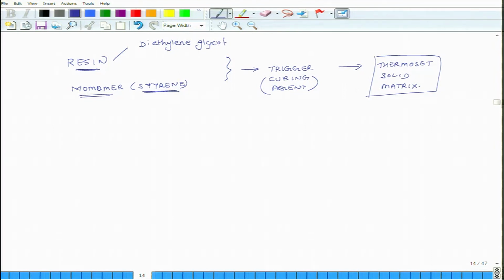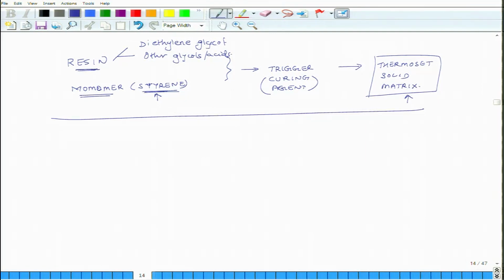It all depends on what constituents you are using. This is the raw material, but you can use other alternatives, could be other glycols or acids. Similarly, instead of styrene as the monomer, you can use some other materials and get different properties of the final product. So, this is the overview.